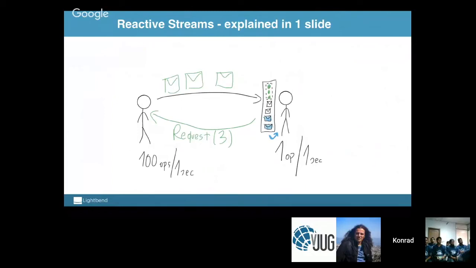So after sending those 3 elements, the upstream would have to wait, and it doesn't have to wait blockingly. It can just not generate elements or not pull elements from its upstream. So it's transitive in that sense. And by that, we allow for safety. And by allowing for this demand to be cumulative, we allow for this to be batched and really efficient if both of them are really fast.